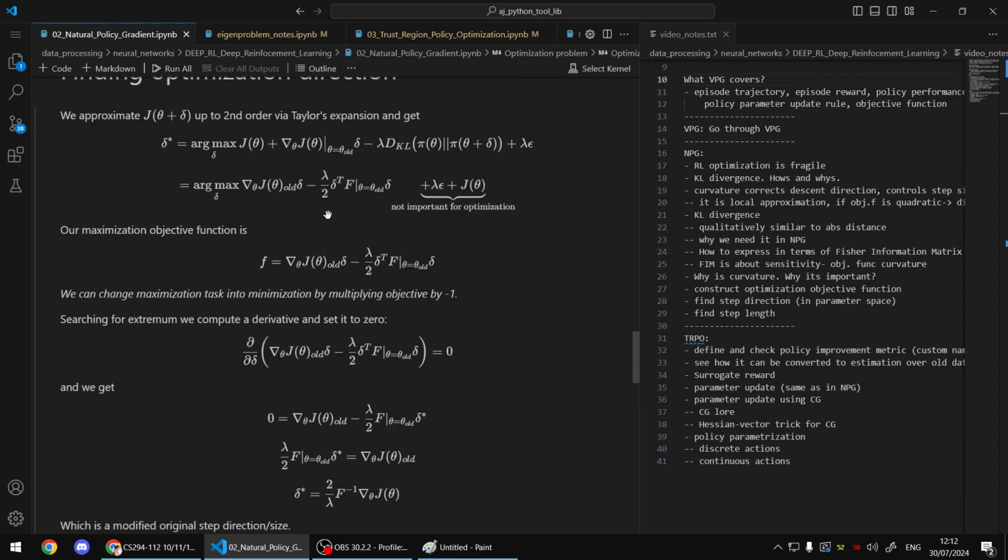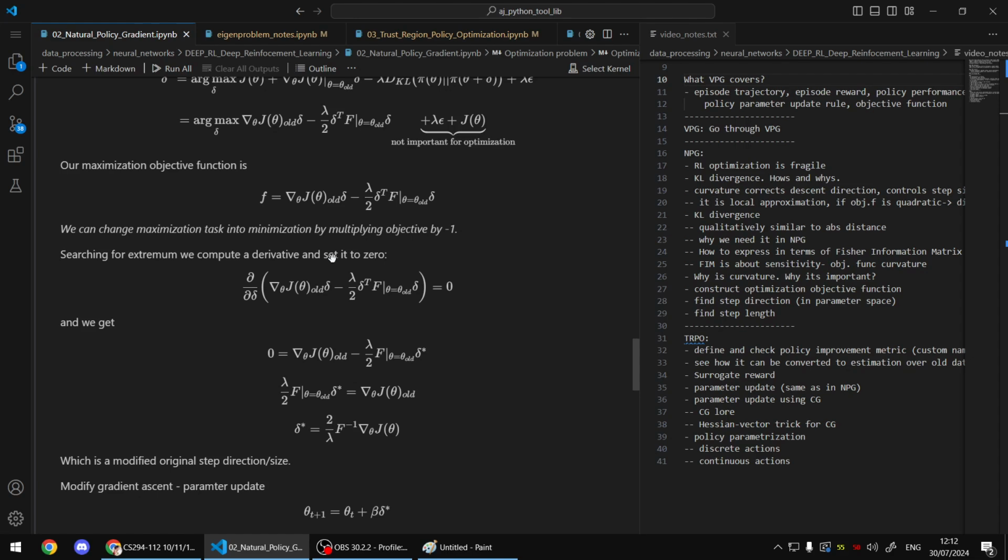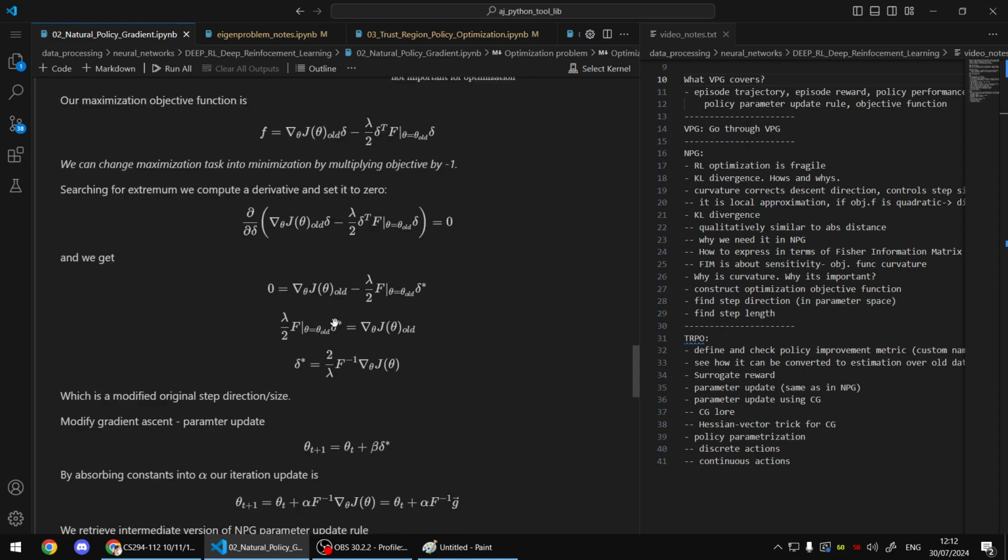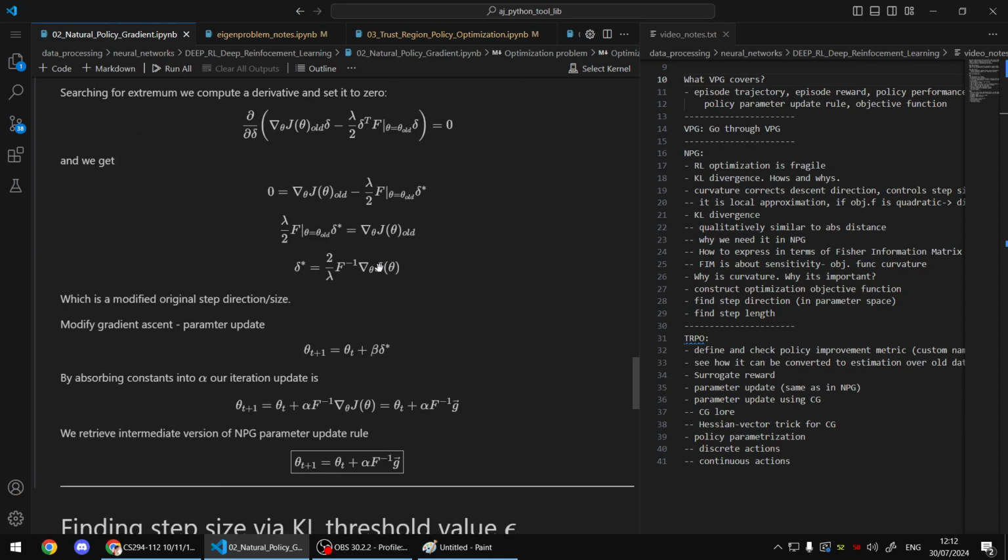We defined such parameter displacements in parameter space which modified our initially used gradient using the inverse Fisher information matrix. In this case, it's also the inverse Hessian matrix.